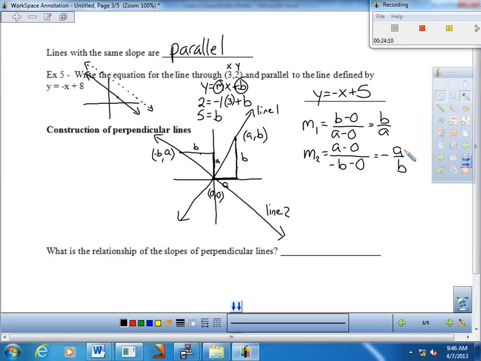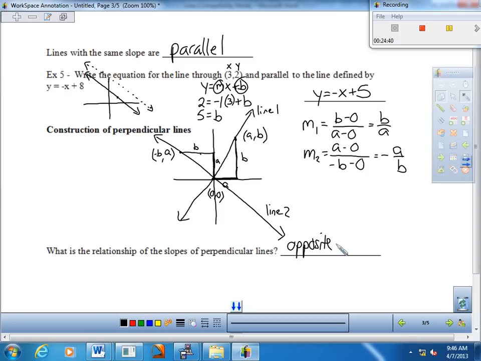And what is the relationship of those slopes? Well, number one, do you see that they are opposites of one another? And what do you notice numerically? They are reciprocals. And that's how we put it.